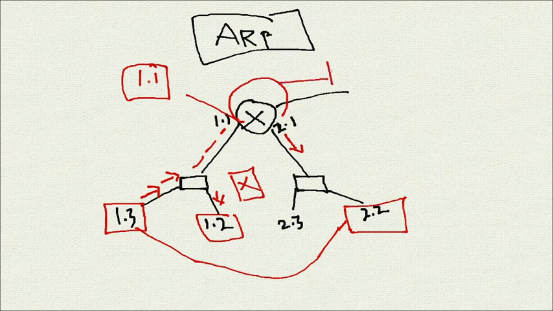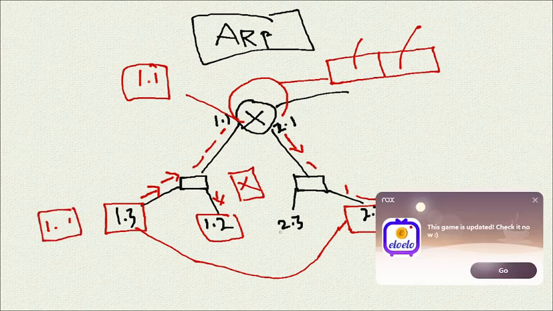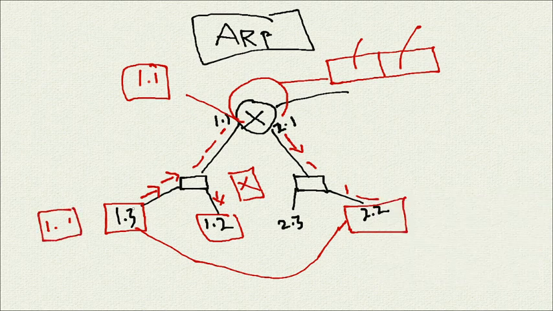Frame rewriting changes the source MAC and destination MAC. After that it sends the request, gets the reply, and so finally 1.3 has the 1.1 MAC address.